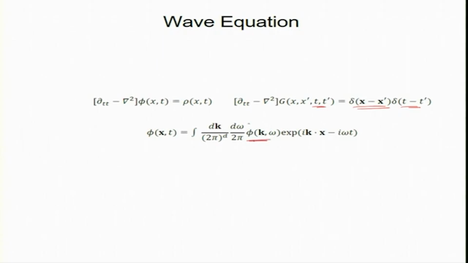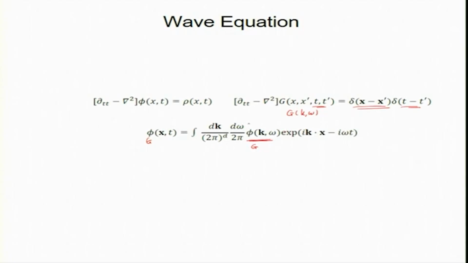So, my Green's function will be a function of k and omega. Okay. So, I plug in g of k omega. In fact, instead of phi I just put g here, and I assume t prime to be 0 and x prime to be 0. That is for convenience, otherwise I have to carry x prime and t prime.